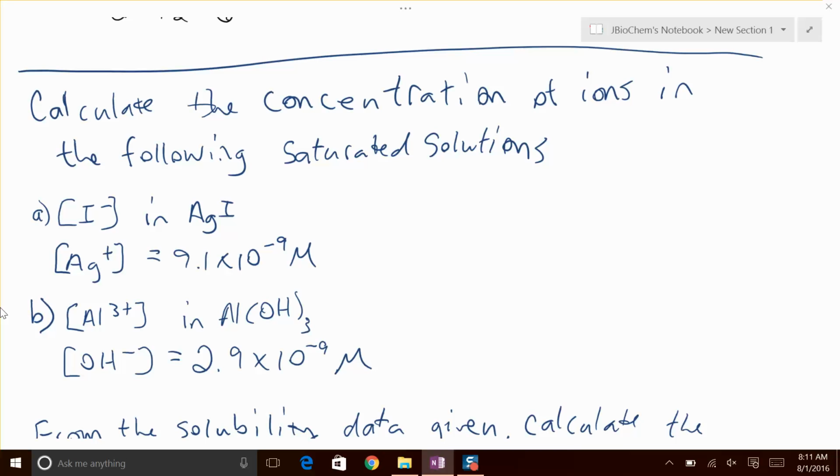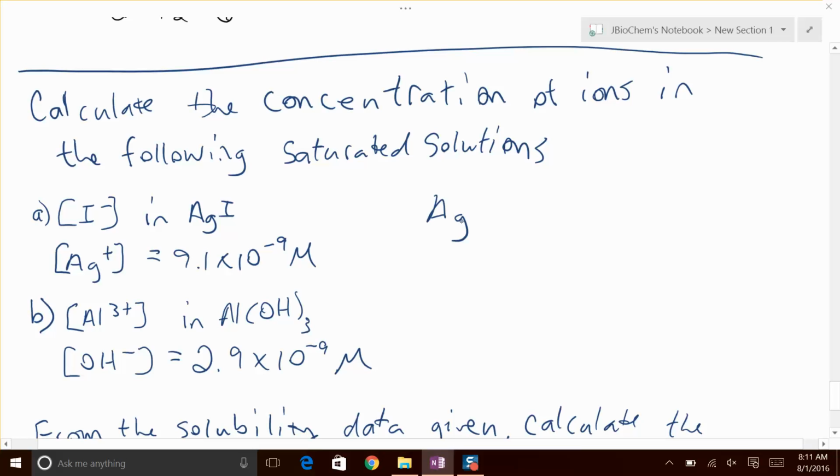Okay, so let's look at this. Calculate the concentration of ions in the following saturated solutions. If it's a saturated solution, that means it's at equilibrium, right? So the KSP is equal to the concentration of the silver and the iodide.